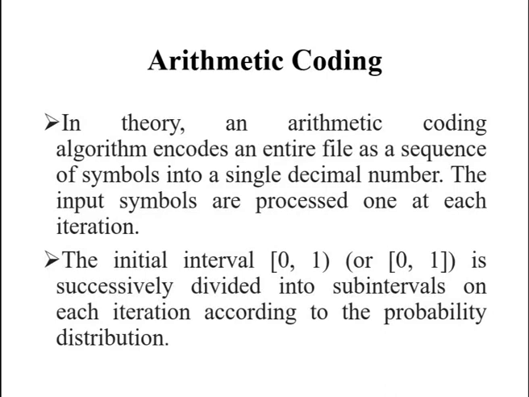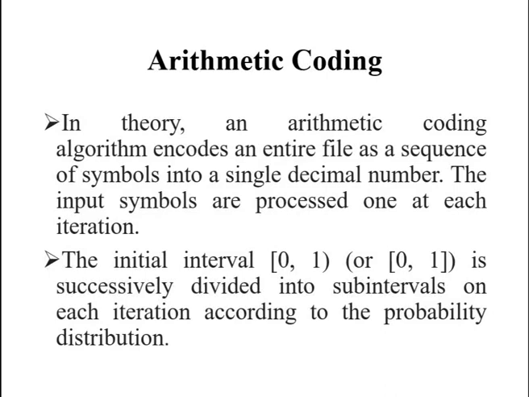Thus, the interval is expanded to the full height of the figure, and its end points are labeled by the values of the narrowed range. The narrowed range is then subdivided in accordance with the original source symbol probabilities, and the process continues with the next message symbol.